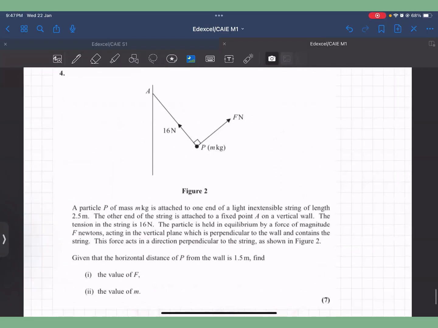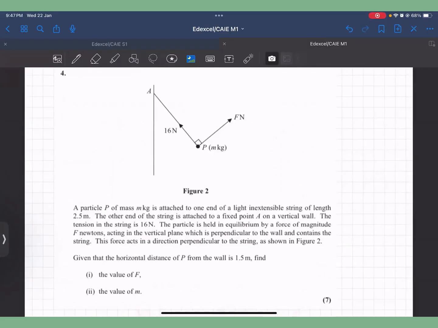Okay, the particle P of mass m kg is attached to one end of the light inextensible string of length 2.5 meters. The other end of the string is attached to a fixed point A on a vertical wall.